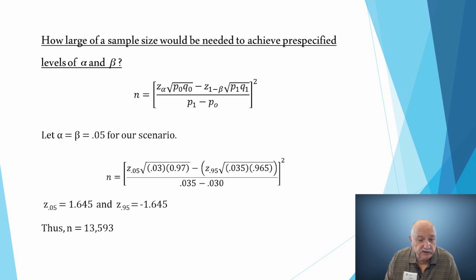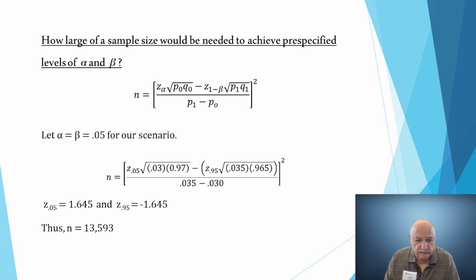If you go to the standard normal tables, or you go to any of the various software that's out there, and look up the standard normal ordinate corresponding to an alpha level of 0.05, that'll turn out to be 1.645.